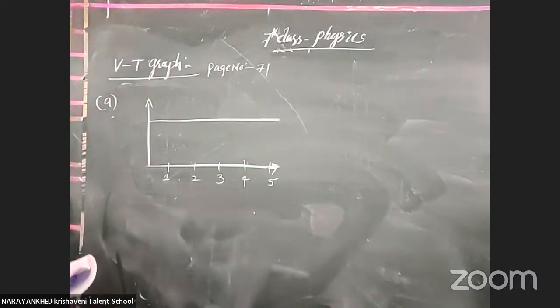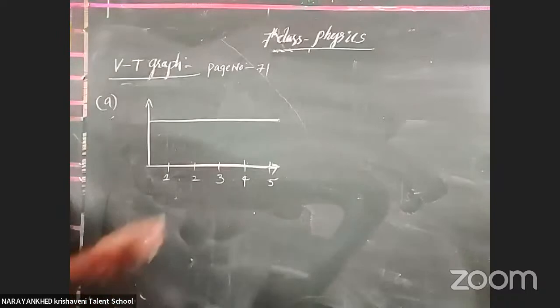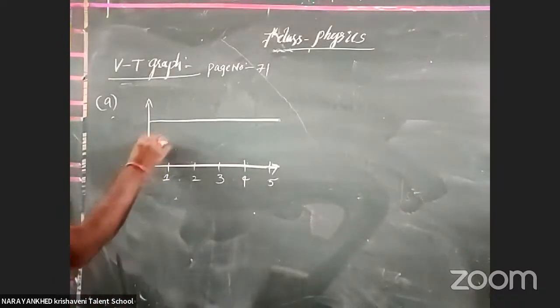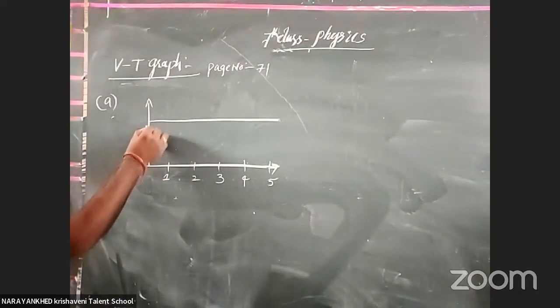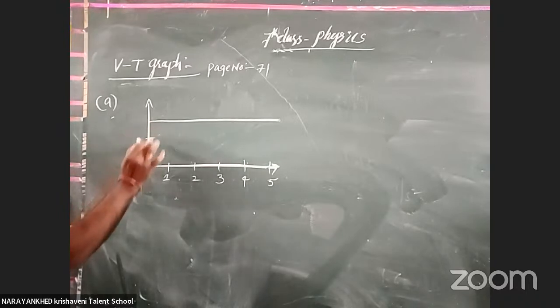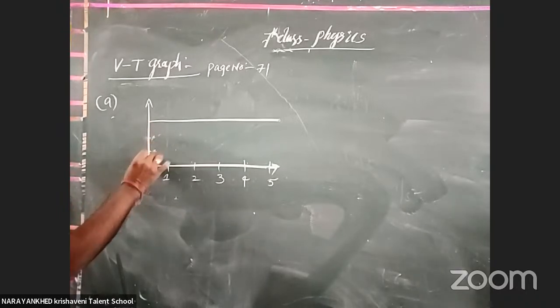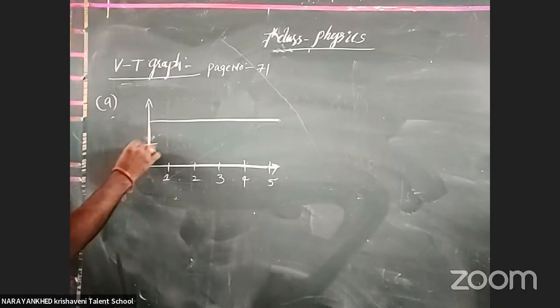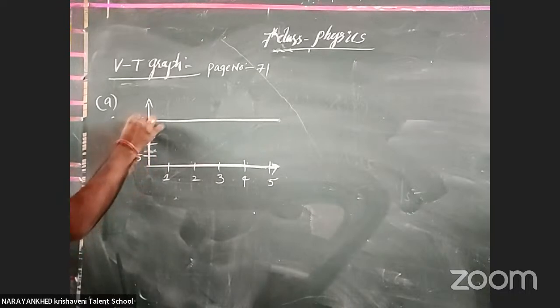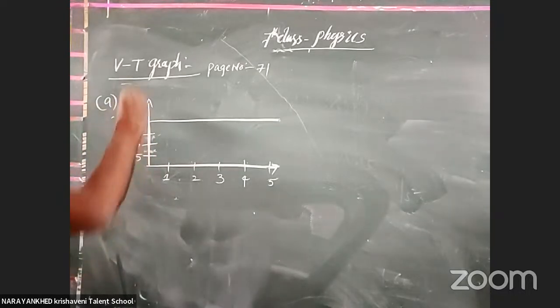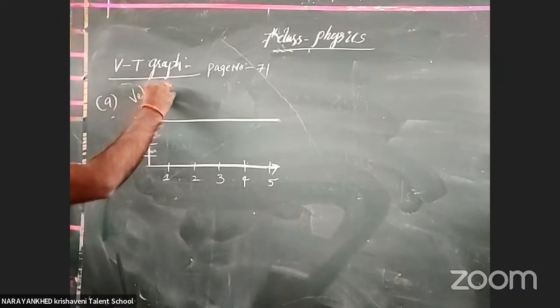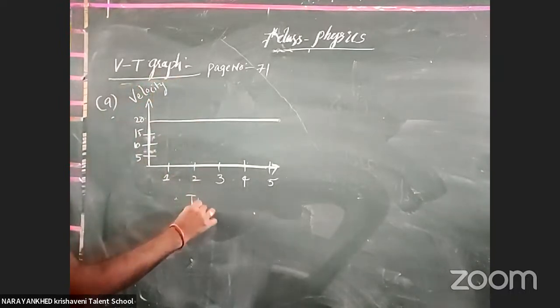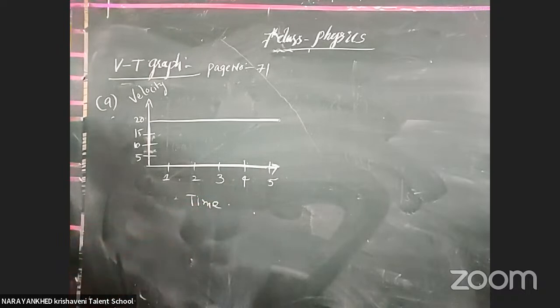Now, at the first second it contains 20 meters. Suppose they consider for every 5 meters one unit of displacement or velocity change. This is 5, this is 10, this is 15, this is 20. This is the velocity, and this is the time we are considering. Got it or not?